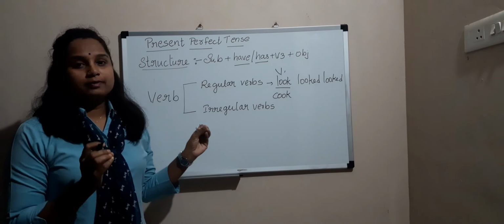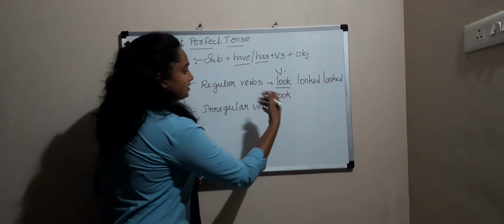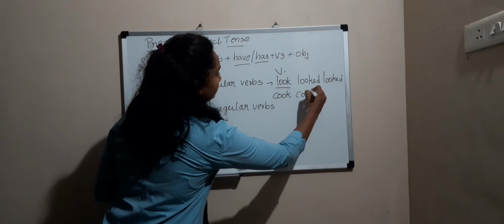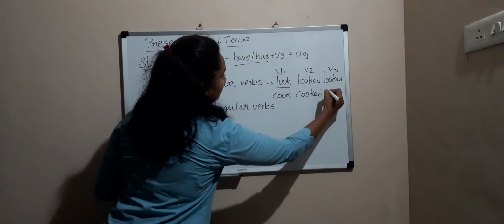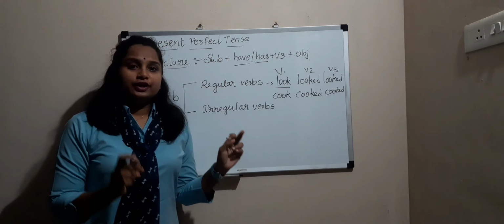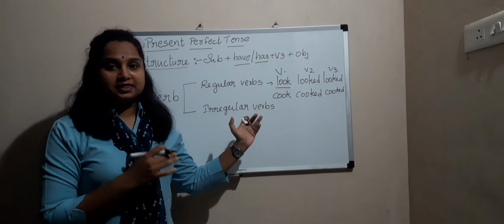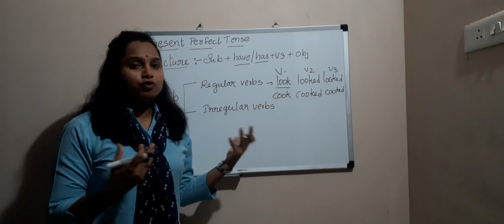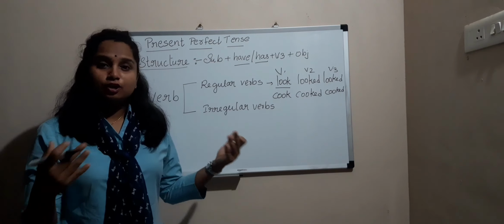This is the V1 form. What is the V2 form for cook? Cooked. V3, cooked. So, if you look at the verb second form and third form, there is no difference. They both are same. Look, looked, looked.